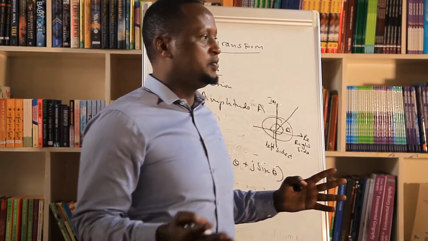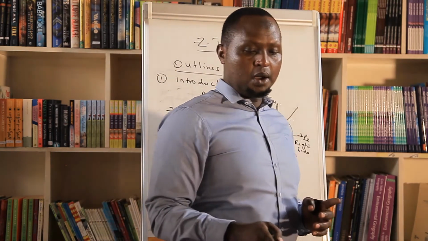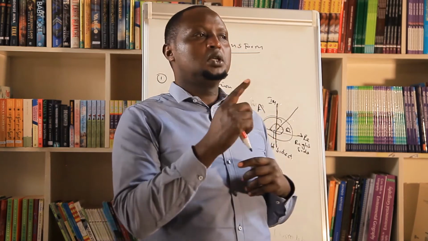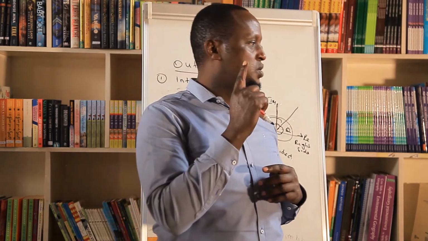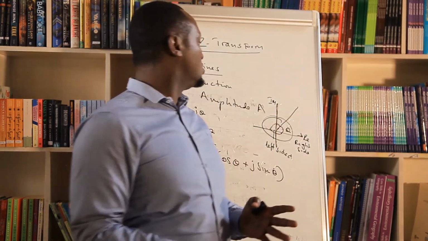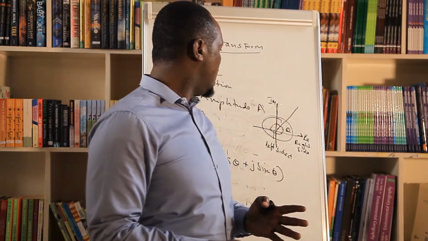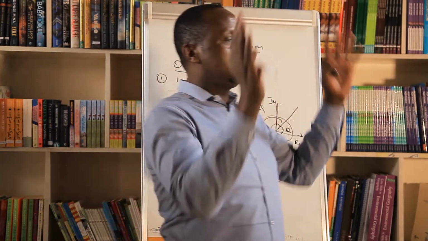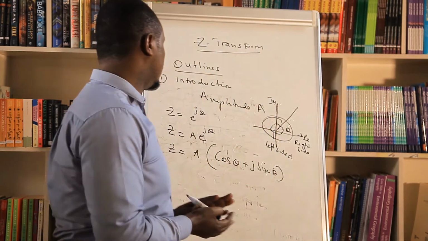Remember here we are going to concentrate on the system itself, not on the single signal. So we want to make this one the system, from which we will be having many signals.